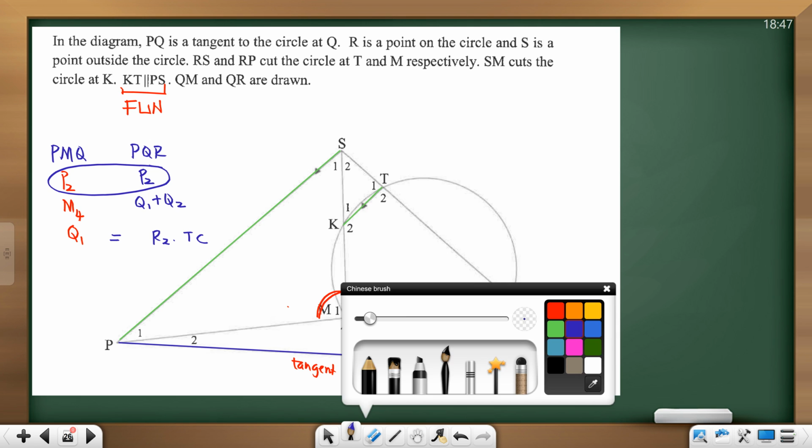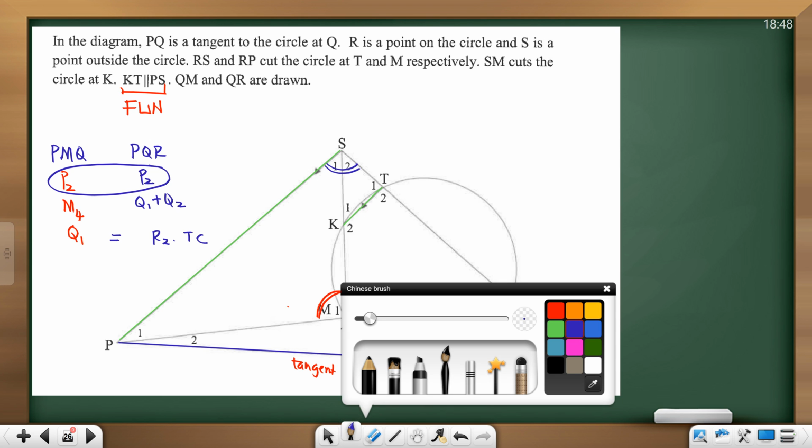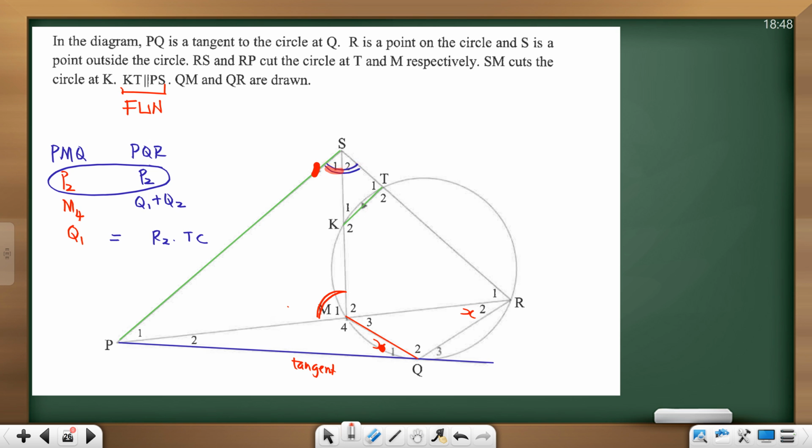Let me use a blue one. All right, guys, let us observe. I'm done already. Do you notice that this angle is touching a parallel line?